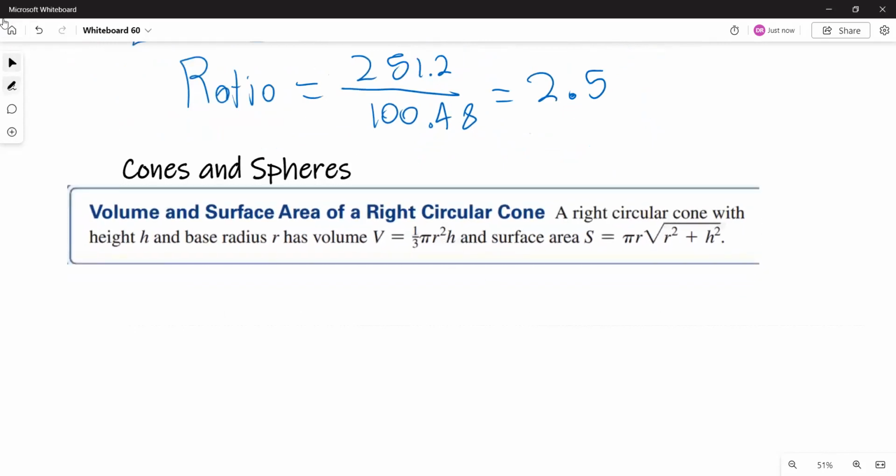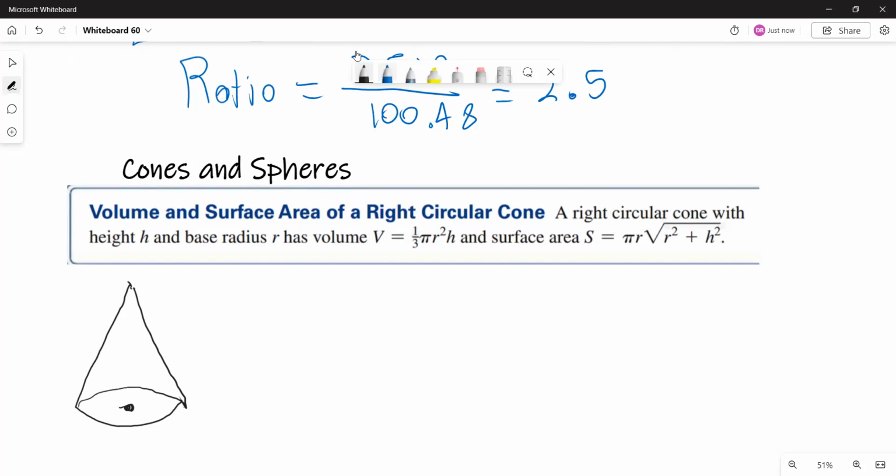Okay, so let's say we have a right circular cone with a given height and base radius. The base of the cone is a circle with radius r, and the height of the cone is h.